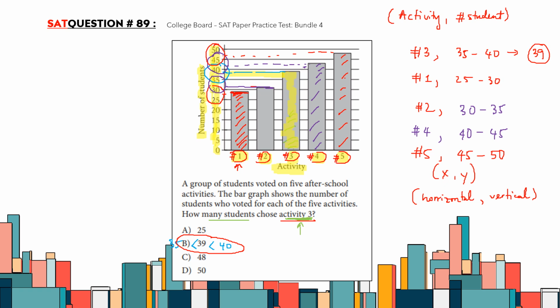So if they're asking for 48 or 50, mostly this one will fall into number 5. 25 will fall into number 1. And this is number 3.